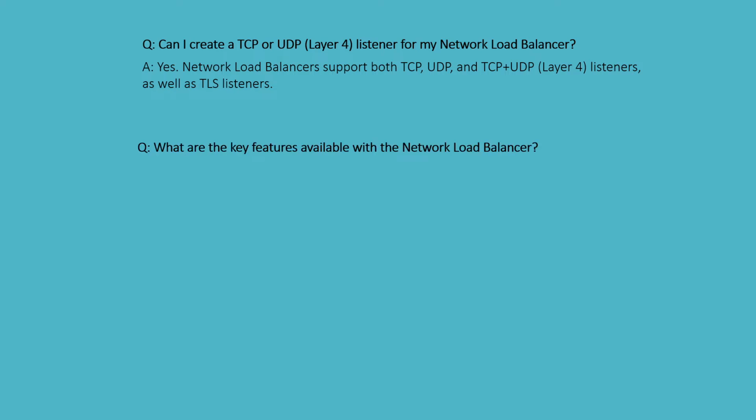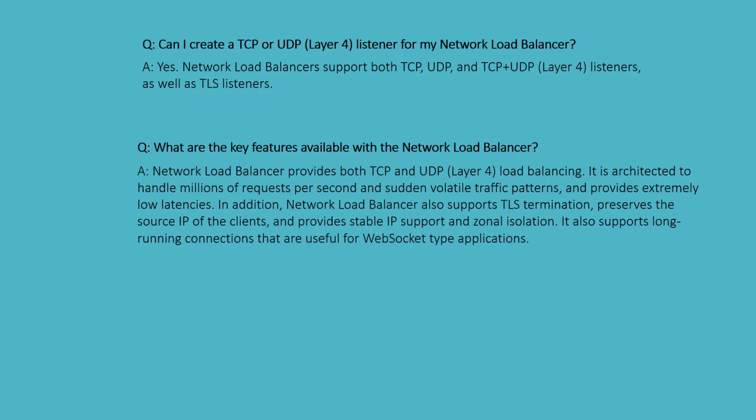What are the key features available with Network Load Balancer? Network Load Balancer provides both TCP and UDP layer 4 load balancing. It is architected to handle millions of requests per second and sudden, volatile traffic patterns, and provides extremely low latencies.